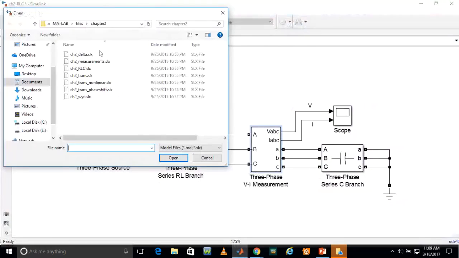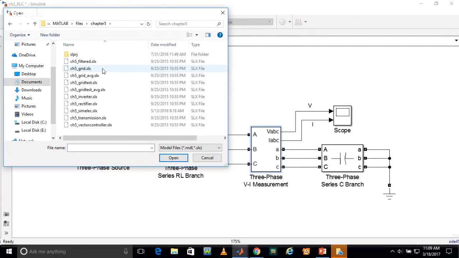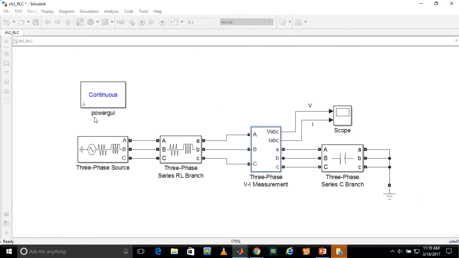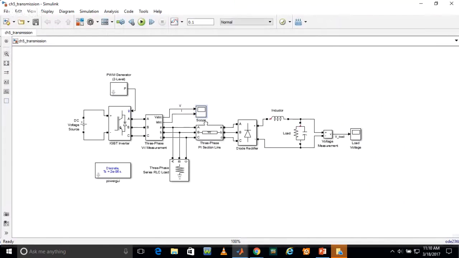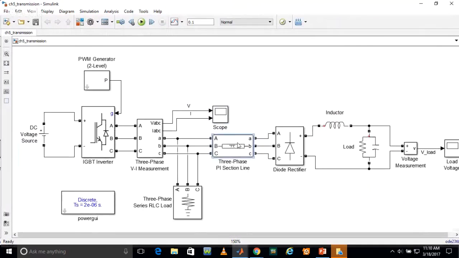we open the circuit. This is the circuit in which we are providing the three-phase pi section.